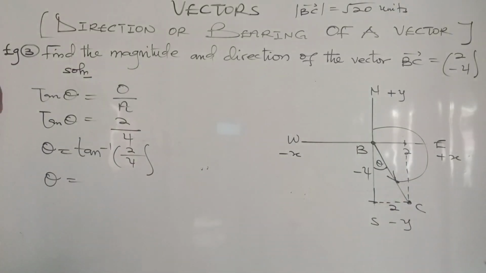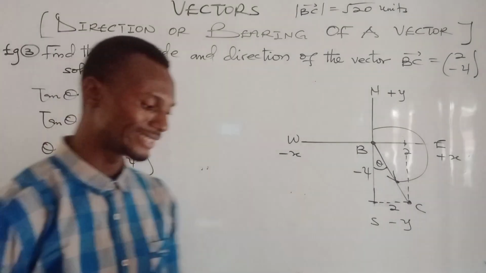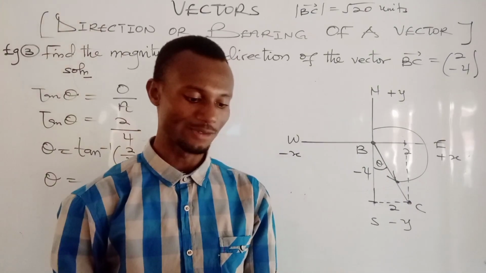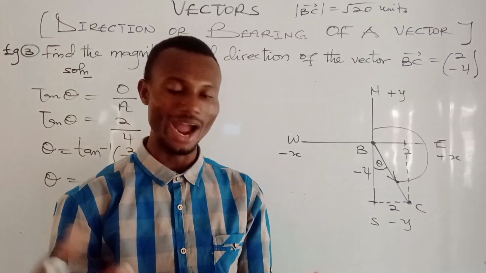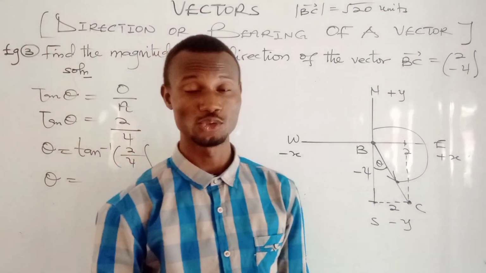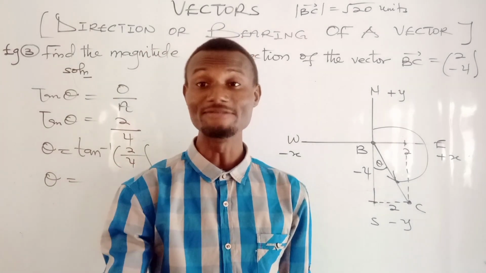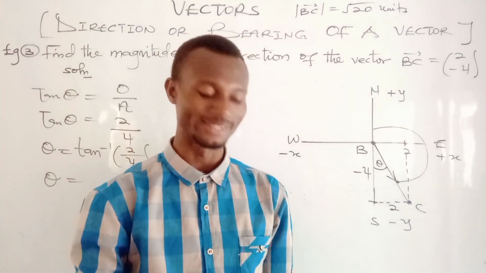So I have tan inverse of 2 over 4, and that is giving me 26.5650518. Of course, you don't have to write everything, so just leave it at 3 decimal places.